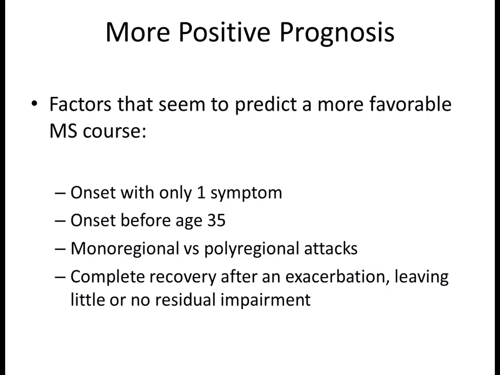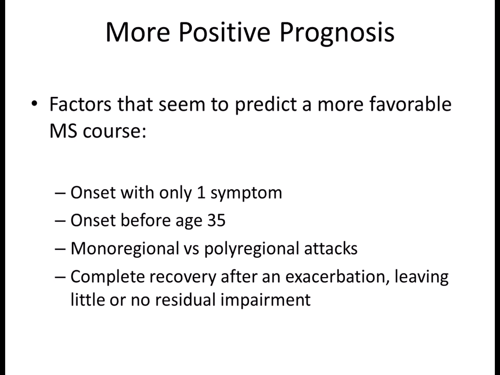Okay, as far as prognosis is concerned, there are some factors that seem to predict a more positive course for MS, and that would be onset with only one symptom. So the patient has fatigue, it lasts a couple of weeks, and that's it. If the onset is before the age of 35, that's better than after the age of 35. Monoregional versus polyregional attacks, these are regions identified on MRI.